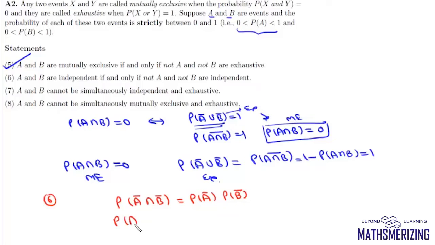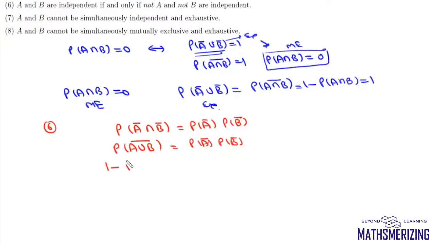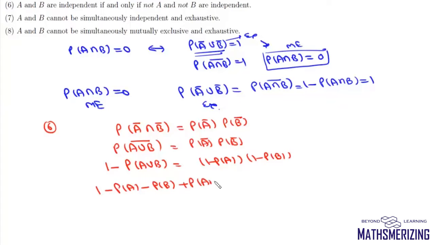Now, this is probability of (A union B) naught, and this is equal to P(A naught) into P(B naught). Now we can write this as 1 minus probability of A union B, and it will be equal to 1 minus probability of A into 1 minus probability of B. Now P(A union B) is PA plus PB minus P(A intersection B), so it will be 1 minus PA minus PB plus P(A intersection B), and it will be equal to 1 minus PA minus PB and plus PA into PB.